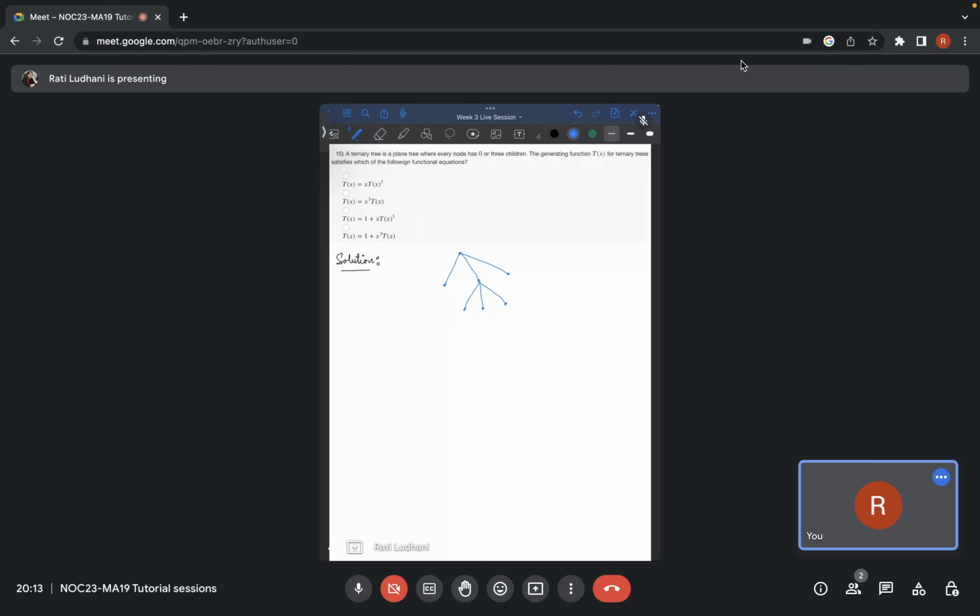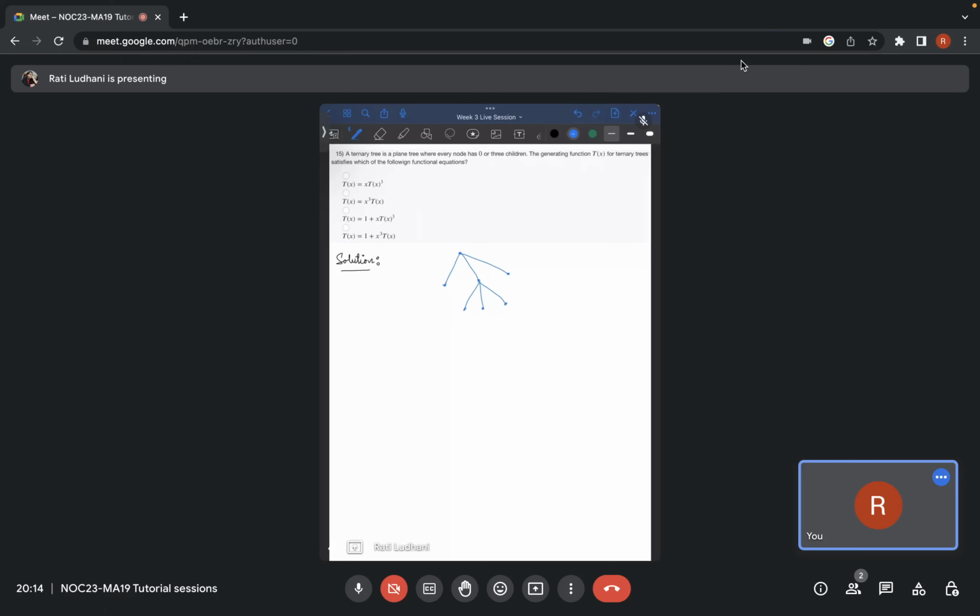you have this node, so you have this neutral class, plus, and you take cross, and you take this, not the square, but the cube.